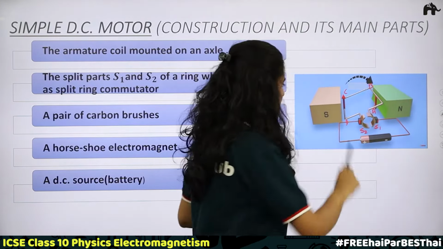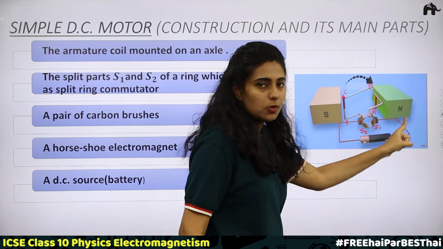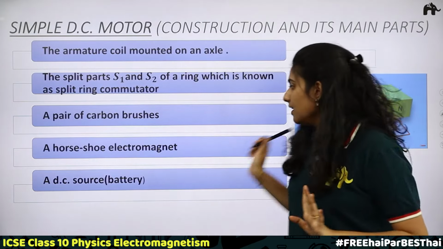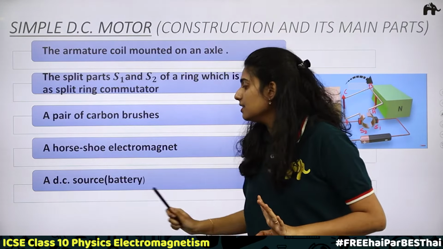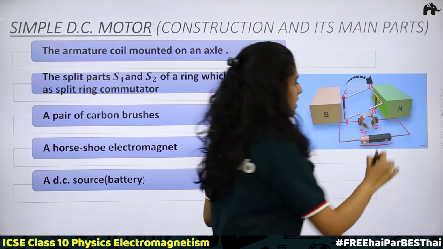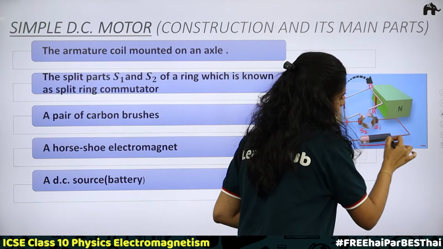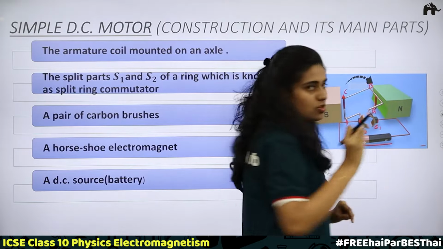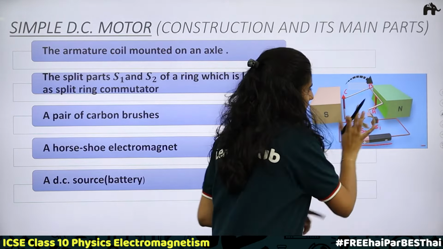Next, a horseshoe electromagnet. This is your horseshoe electromagnet, north pole and the south pole. Next, you have a DC source or a DC battery. So this is your DC battery. When the key is given, you can see the electrons flowing from the negative terminal. In the opposite direction, there will be current flow.